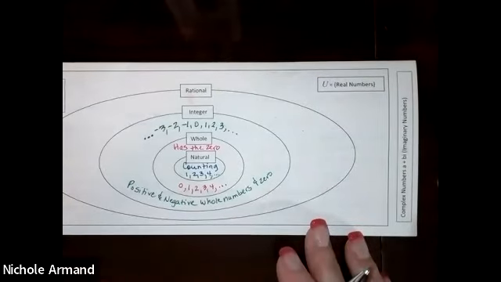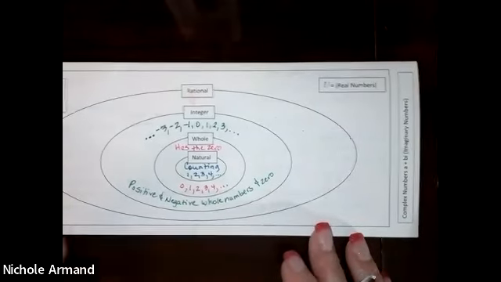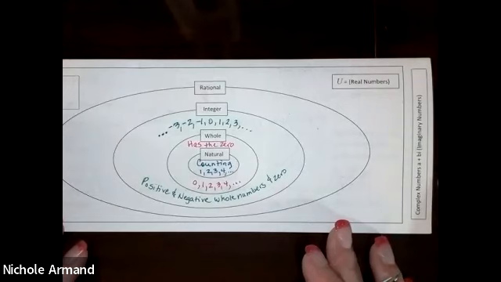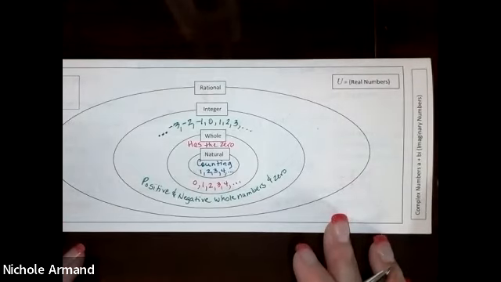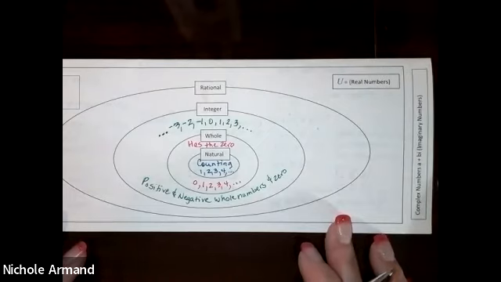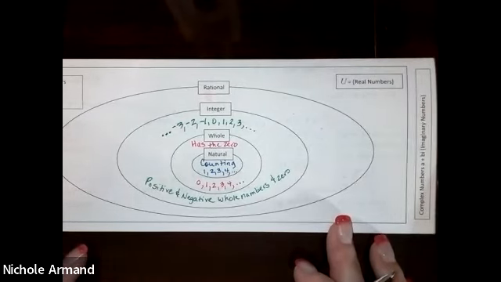So far, so good. Now we want to move out of the integers, which are still whole numbers, and go to the rational numbers.